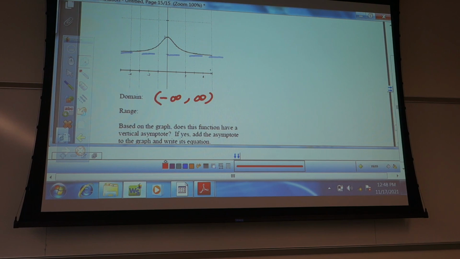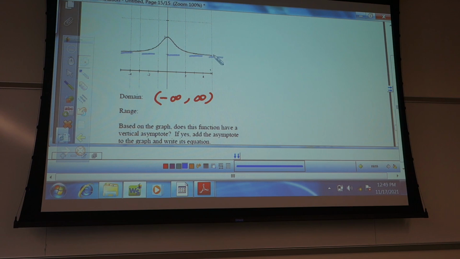How about the range? How would we find the range? The lowest to the highest. What's the lowest it goes? What's the highest it goes? As I go along this path here, what's the lowest I go? What's the highest I go?